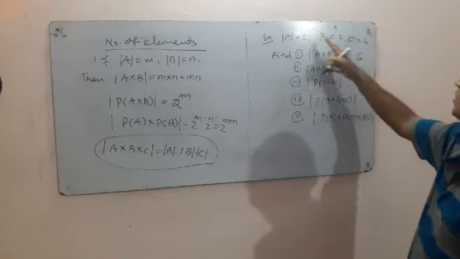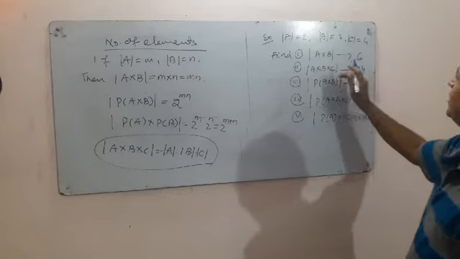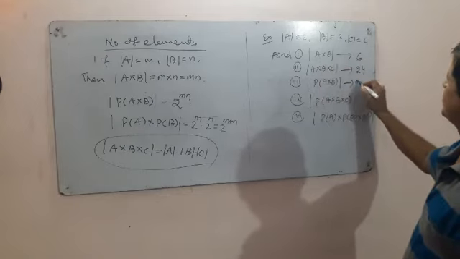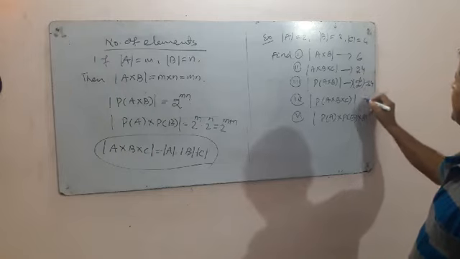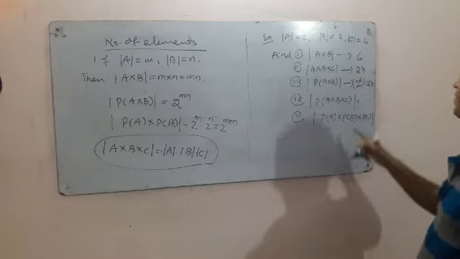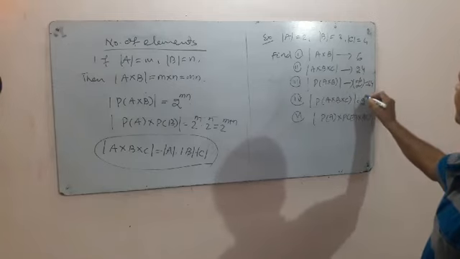The second answer is 2 into 3 into 4, 24. The power set of A cross B has 2 to the power 6, 64. The power set of A cross B cross C has 2 to the power 24.